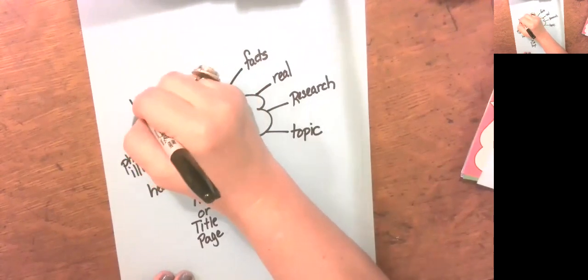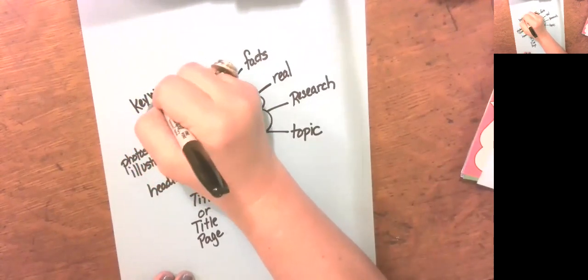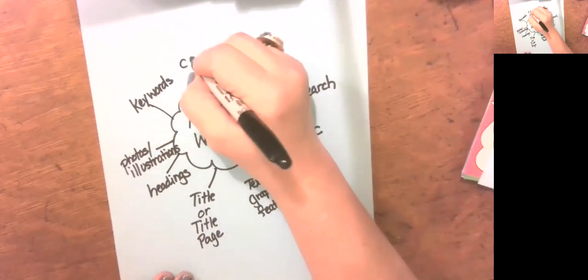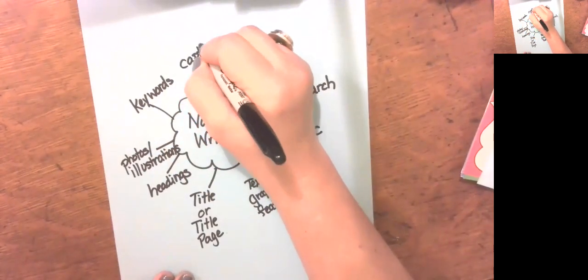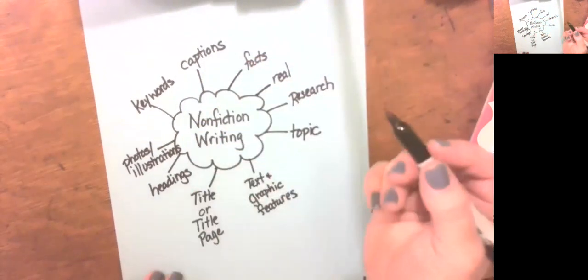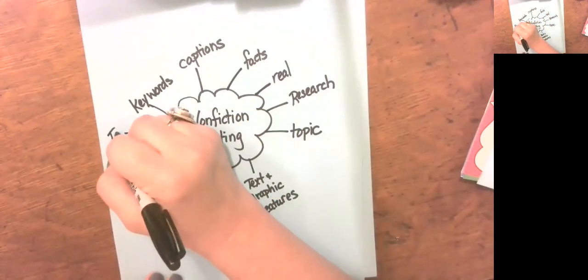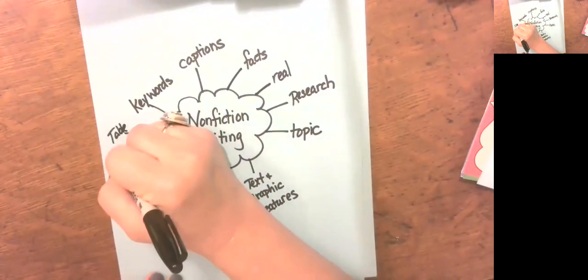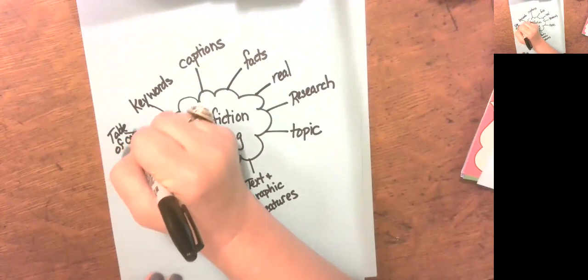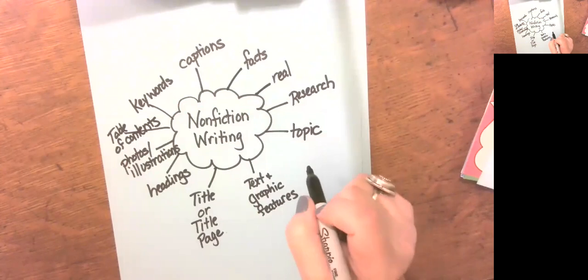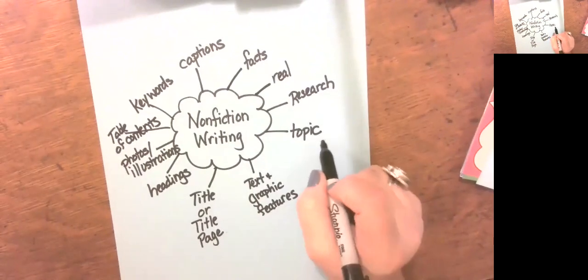Keywords are important. Captions are important. And let's see, I think I wanted to put in here table of contents. Okay, these are all some of the things that we will be talking about in this nonfiction writing unit.